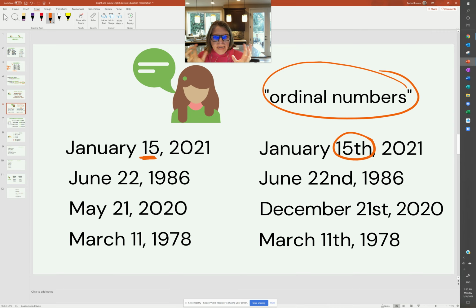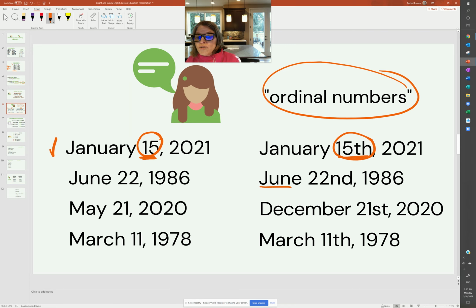So don't worry too much right now. I just want you to know that actually when we say the date, we say ordinal number. We write the regular number and we say ordinal number. So we would say January 15th, 2021. So when you hear someone saying the date, that's why it sounds a little weird.